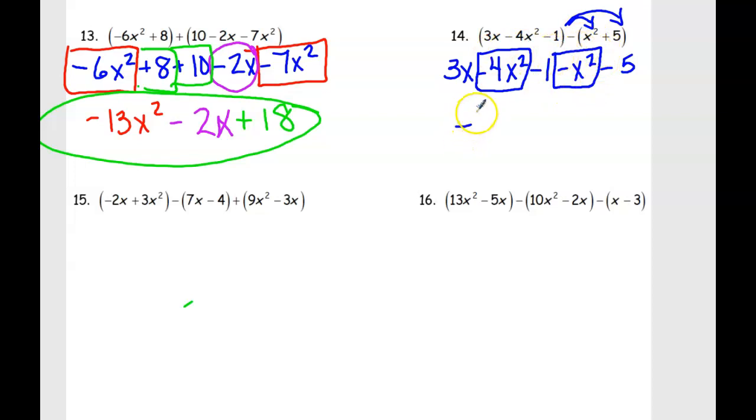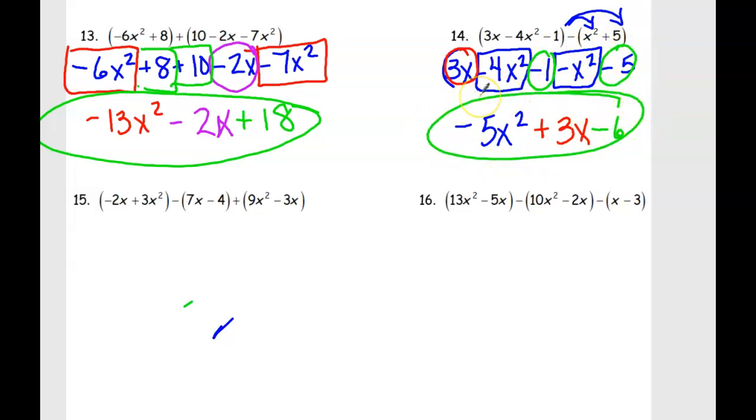That's going to give me a negative 5x squared. All right, and then for the 3x, can I combine anything else? Nope, it's just going to be the 3x. It's by itself, so plus 3x. All right, but then I can combine my negative 1 minus 5. Negative 1 minus 5 is minus 6. So there's our answer there.